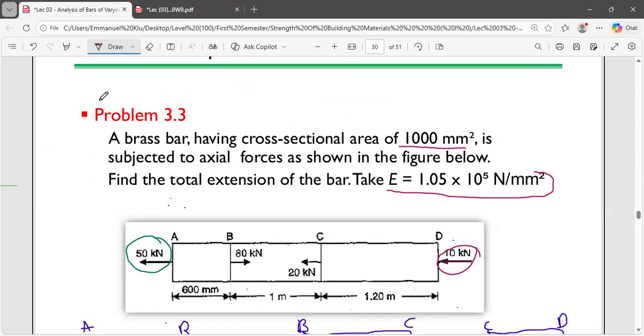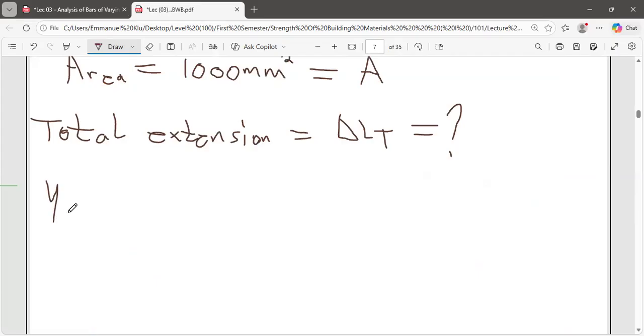Now my Young's modulus, you see, they say we should take the E, the Young's modulus.